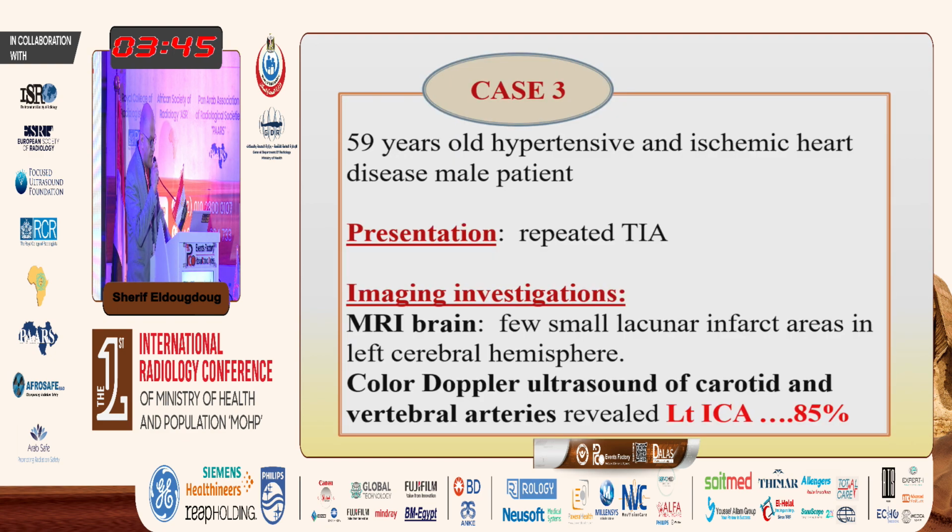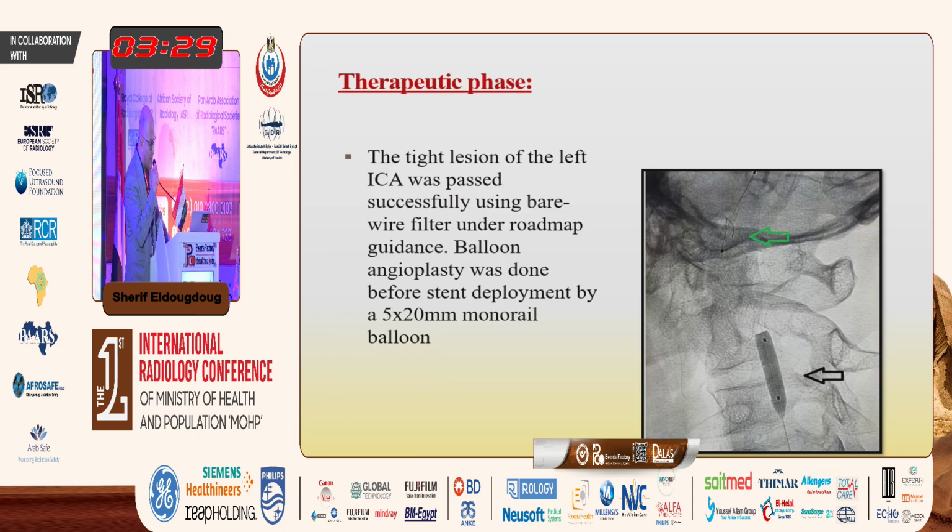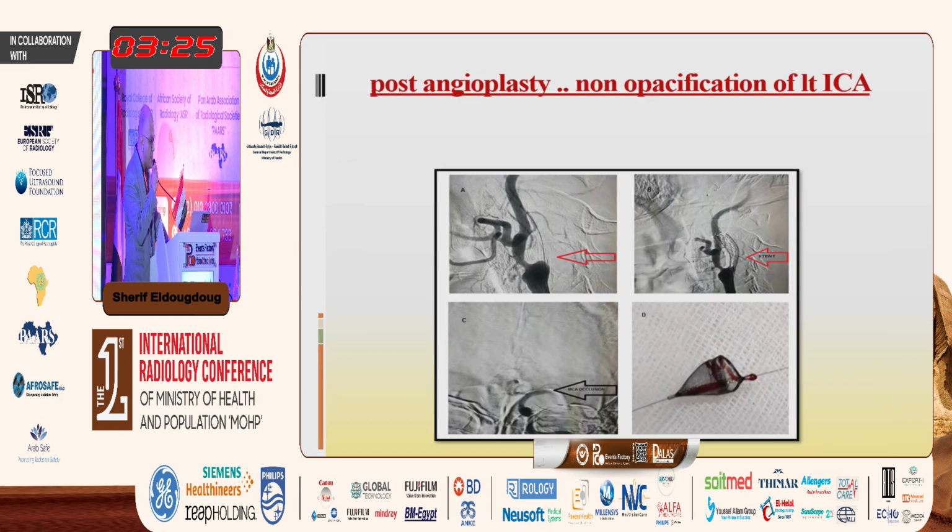Case 3: this patient presented to us with repeated TIA, and the color Doppler showed right ICA 85% stenosis, and the diagnostic phase showed that the right ICA has a tight stenotic lesion, and angioplasty was done under the protection of a filter device. Unfortunately, the control angiogram post angioplasty showed arrest of the flow in the ICA.